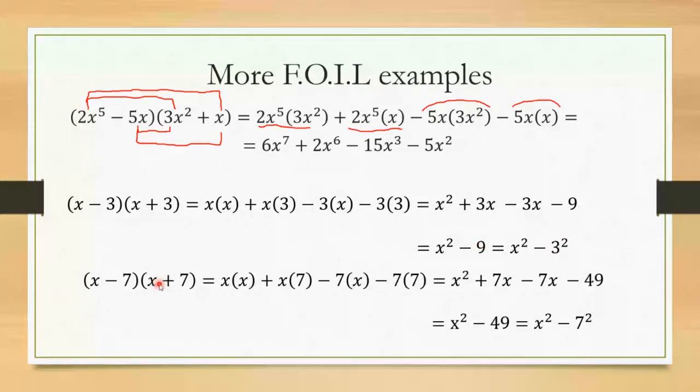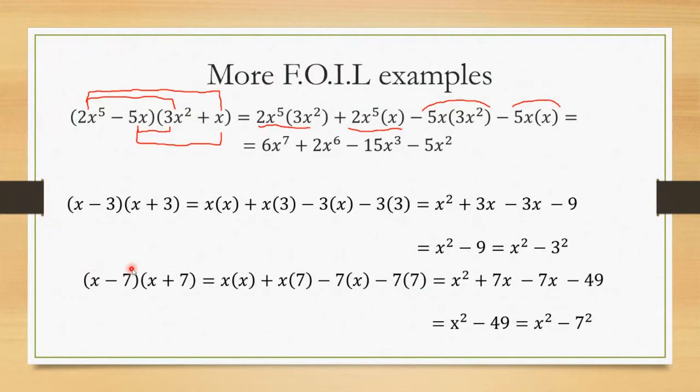And for this, it's really the same calculation. We have x times x, right? FOIL: x times x, outer, x times 7, inner, minus 7 times x, last, minus 7 times 7. Let me say that again. I think I went kind of quick.